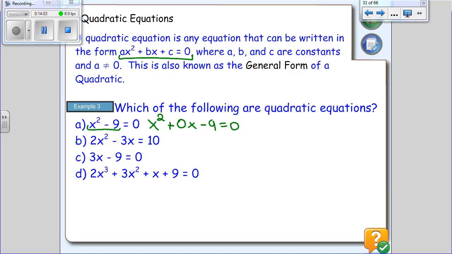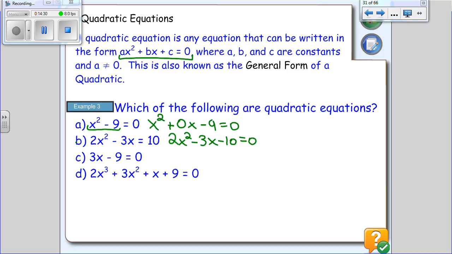Their C value is just in a different spot than our C value. So for instance, if I subtracted 10 from this side, I would have 2x squared minus 3x minus 10 equals 0. So this was a quadratic equation, it just wasn't in our general form that we are talking about.